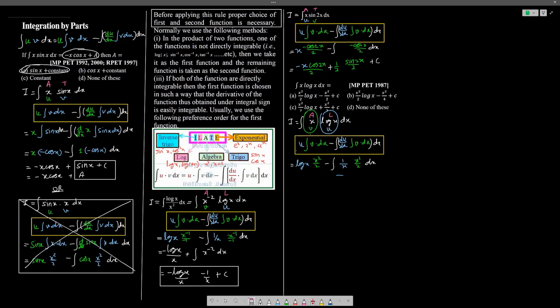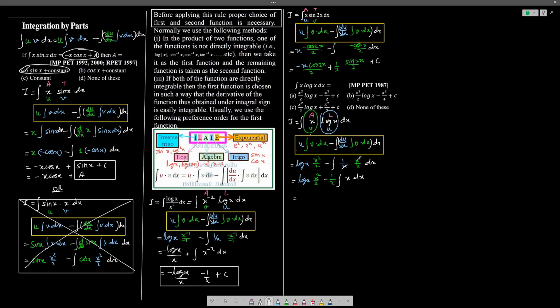So in the first term, log x into x square by 2 will be as it is. In the second term, 1 by 2 is a constant, take it outside. Integration of x, x cancels out, integration of x only.